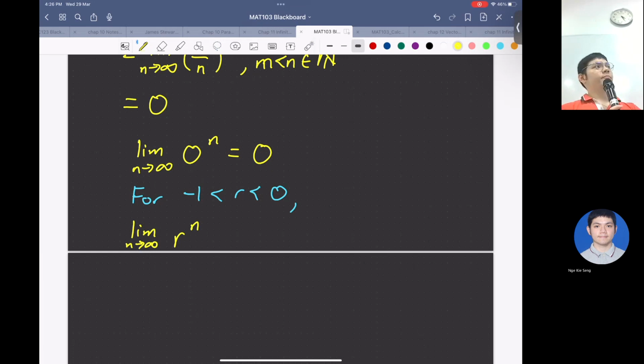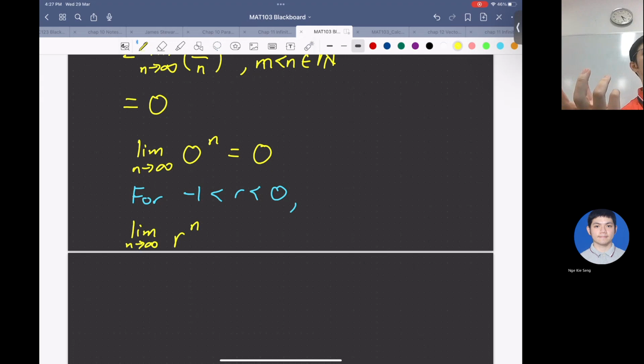So if you take an even power, you get a positive number, and if you take an odd power, you get a negative number. So you oscillate between positive, negative, positive, negative. But you also know that if the absolute value lies between 0 and 1, the limit is 0.